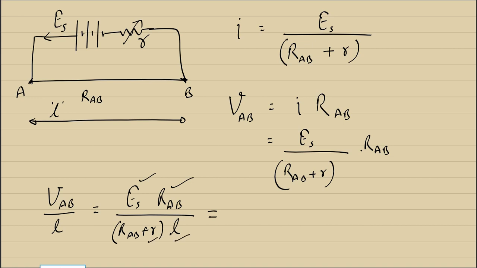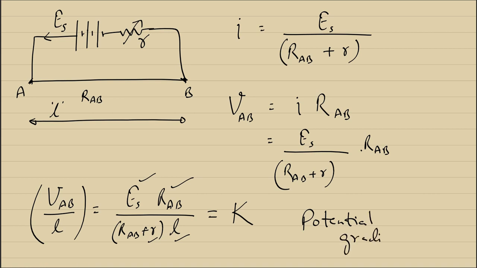So the potential drop across the wire AB per unit length is a constant value. This is a very special term which we will use very frequently in applications. This is called potential gradient, which most of you must have heard. So potential gradient is nothing but the potential drop across the wire AB per unit length.